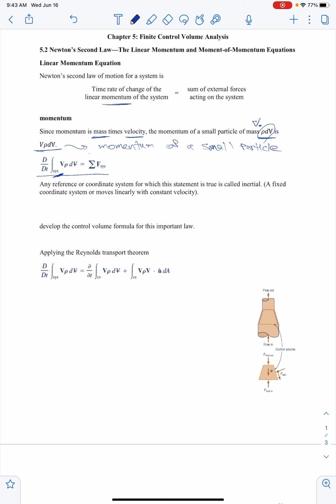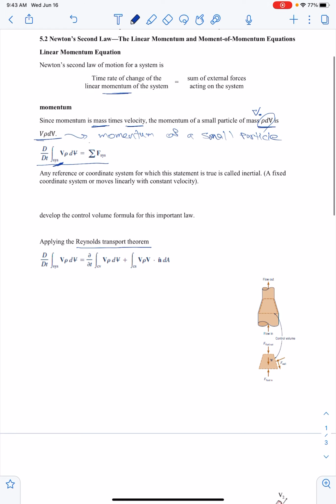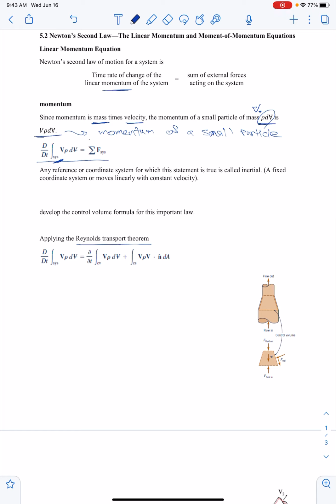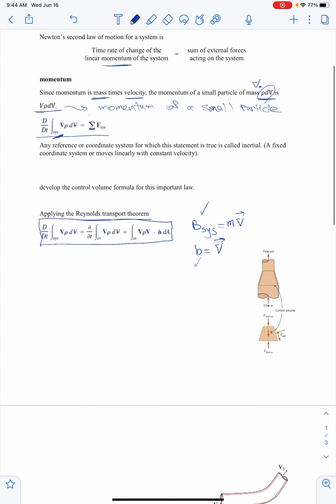By applying the Reynolds transport theorem and using B of the system as mV, then the small b is going to be V, right? If we use that, this is the formula that we derive out of the Reynolds transport theorem by considering the B system as mV and b as V.